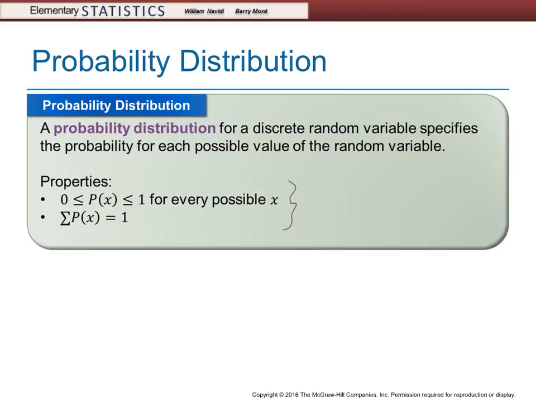We've seen these. For each probability within the sample space, the value of that probability is between 0 and 1. It could be 0 and it could be 1. The sum of all the probabilities in the sample space, or in this case the probability distribution, equals 1.